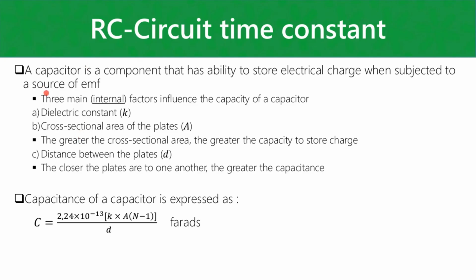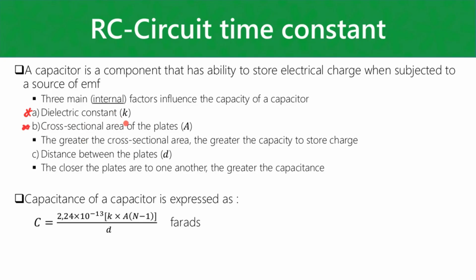There are three main internal factors that will influence the capacitance of a capacitor, basically the physical properties of the capacitor. That's going to be the dielectric constant, so the material used as a dielectric determines the capacitance. For instance, plastic is much better than air as a dielectric.